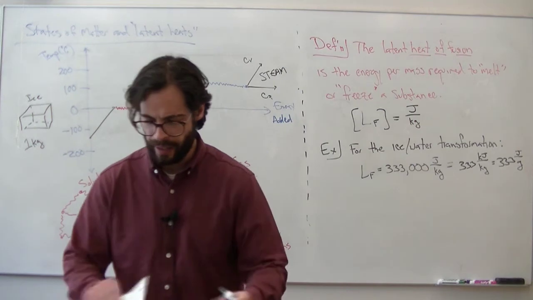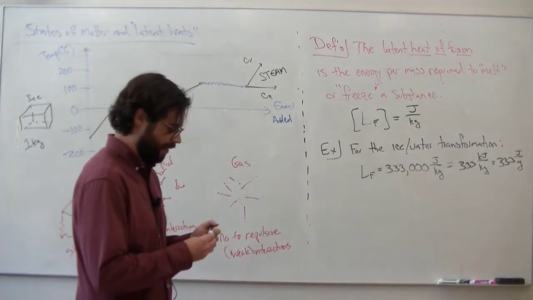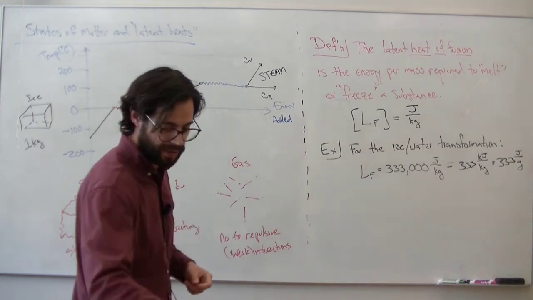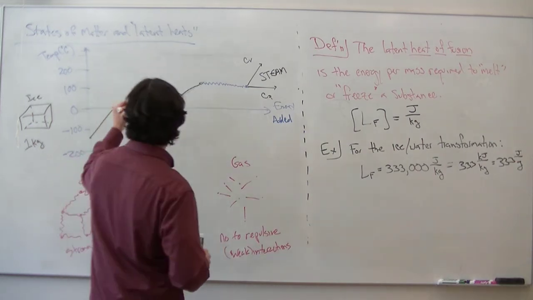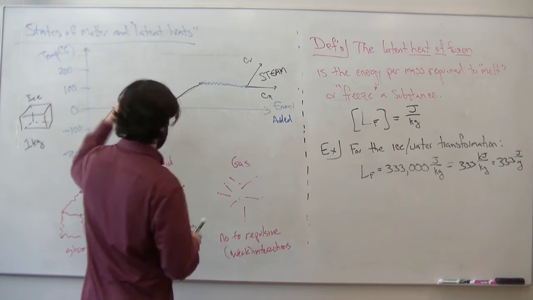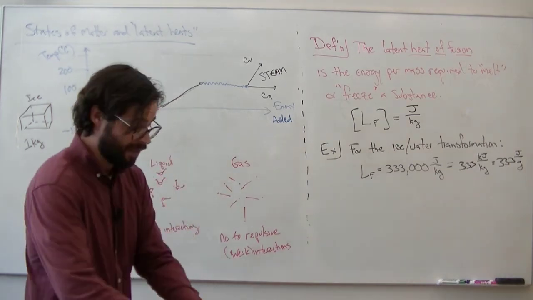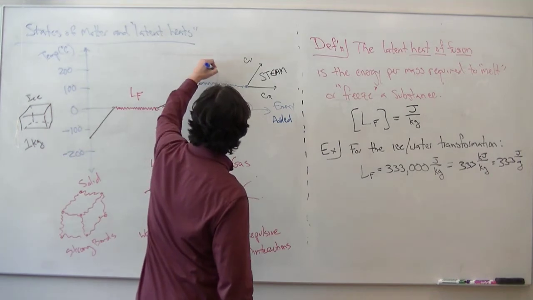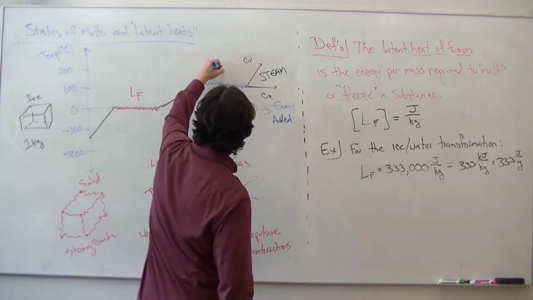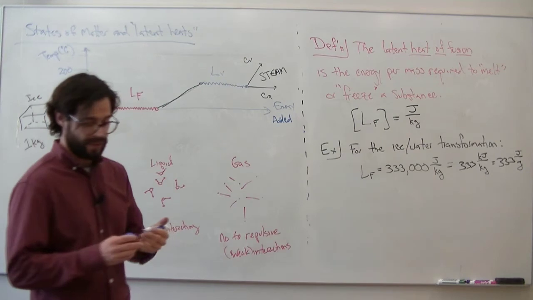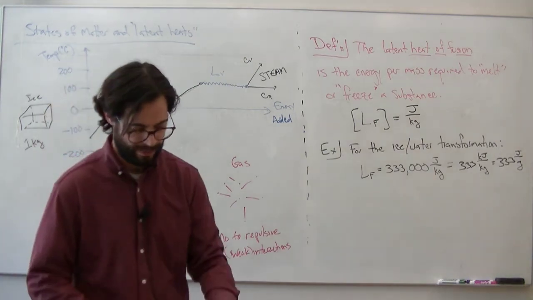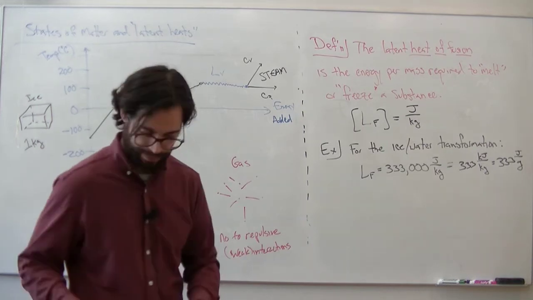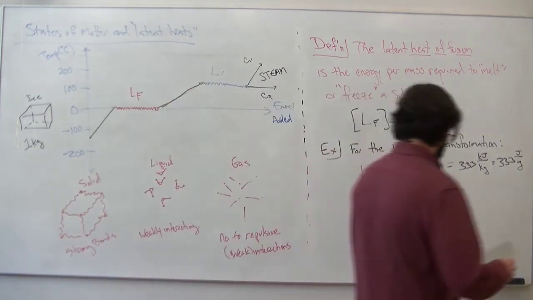Okay, and similarly, we can define the latent heat of vaporization. So that would be this one, going from the liquid to gas barrier. So that's LF, the energy put in to seemingly do nothing, at least as far as temperature is concerned. And LV, when we go from liquid to gas, we say we vaporize it. The other way it's condensed, but this is called latent heat of vaporization.